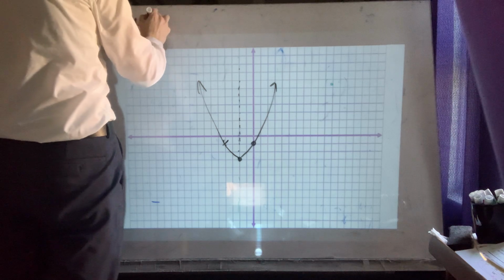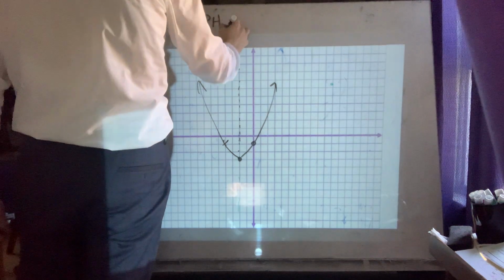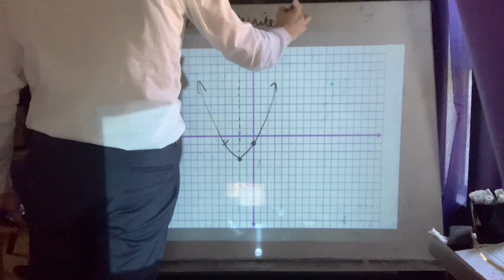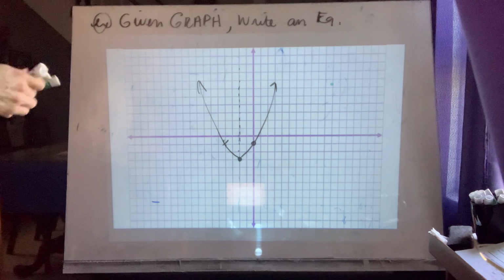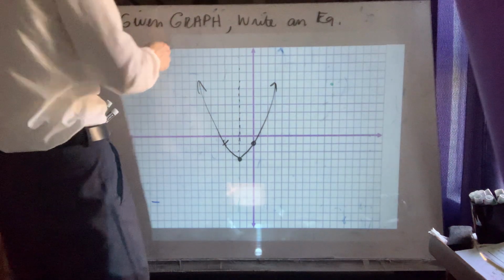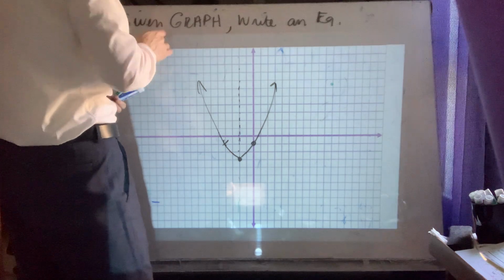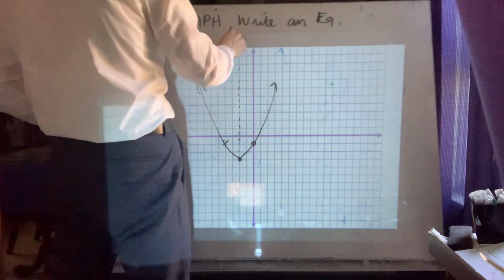Suppose you were given a graph and you wanted to try to write an equation. It's probably easiest to start with the model that is the standard of vertex form. So let me begin with that.